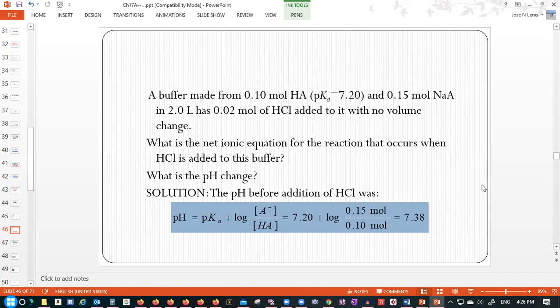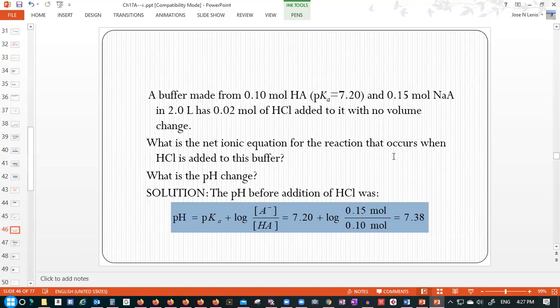So the first thing is to find the pH of the original buffer, before the addition of hydrochloric acid. We use the Henderson-Hasselbalch equation to find the pH of the buffer before we add the hydrochloric acid. So pH equals pKa, which is 7.20, given, plus log of the salt over the acid.